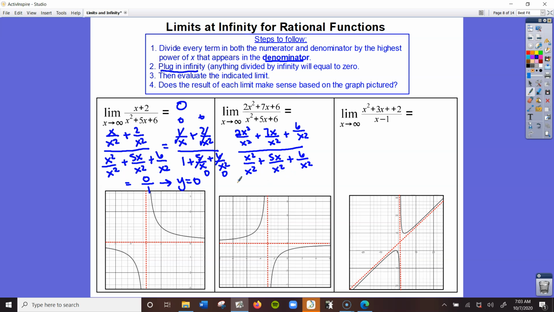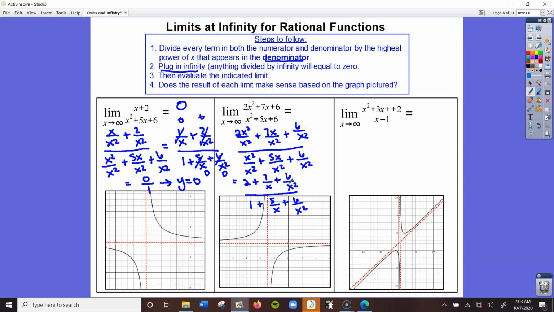Now I can simplify this. So we have in the numerator 2 plus 7 over x plus 6 over x squared, all over 1 plus 5 over x plus 6 over x squared.